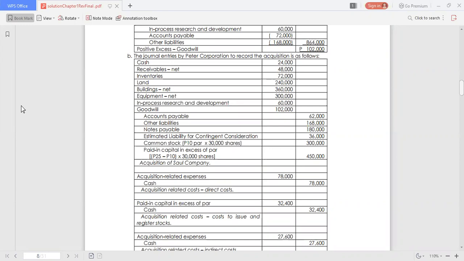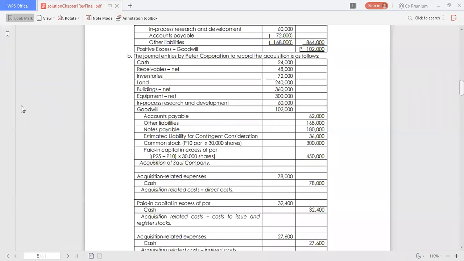Then we now debit the registration expenses, 18 plus 14,400 is 32,400. That's debit to APIC and credit to cash.